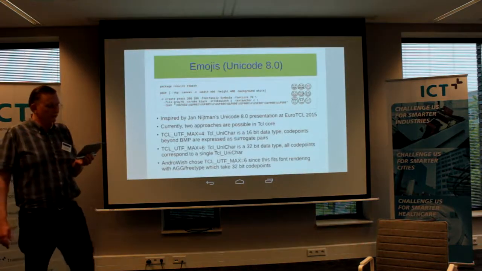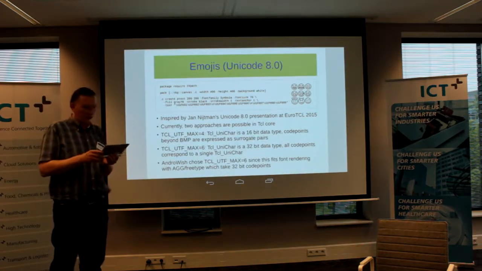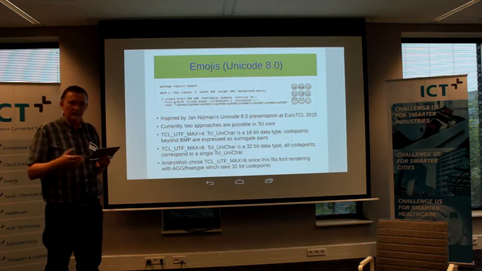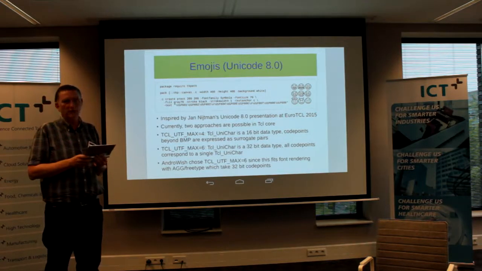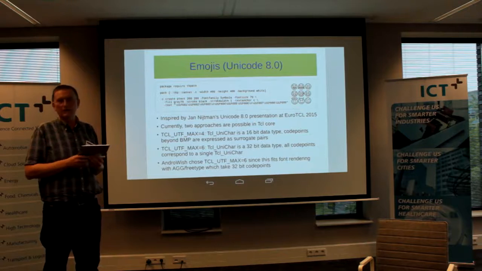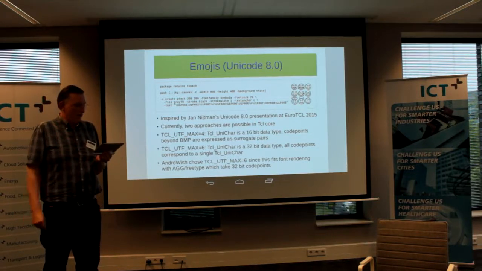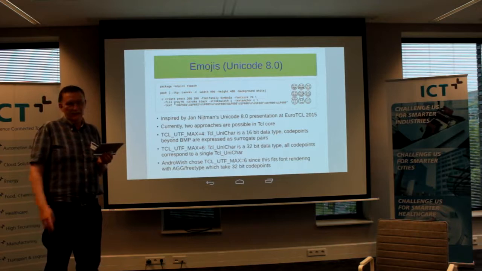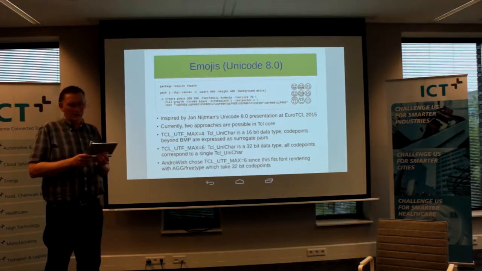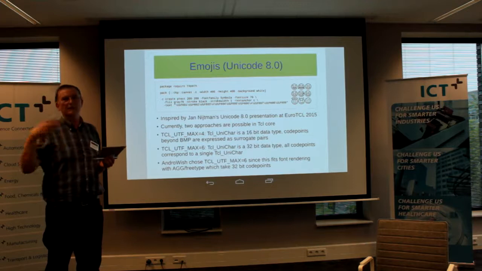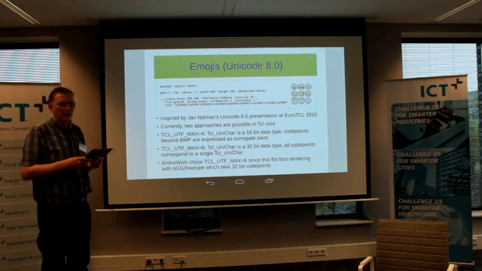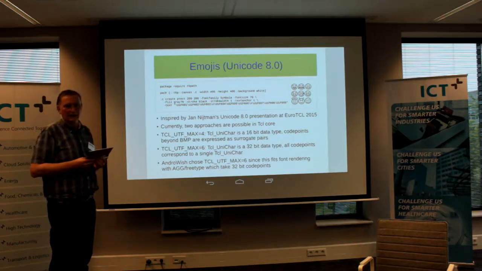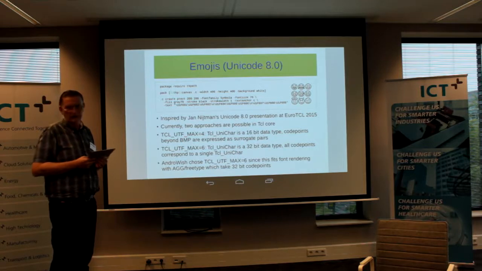So the possible solutions to get emojis working with the current Tcl is to use tcl_utf_max set to 4, not to 3. 3 is the default, or to 6. I chose 6 because it was, for me, easier to code the stuff where it has to be rendered on screen, because FreeType already uses 32-bit representations for the Unicode code points.